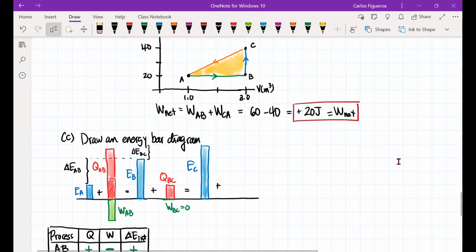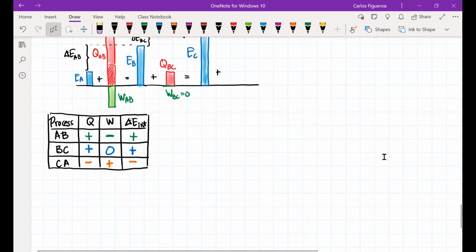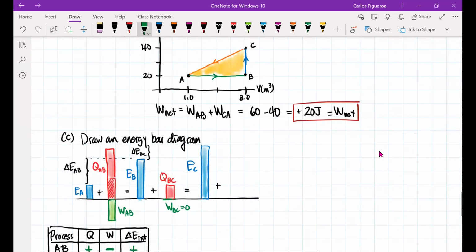So now what I'm going to do is that I'm going to increase my work now. My work now, according to my sign, you could see that it's positive. So here I go. I'm going to do this amount of positive work. So therefore, this is the work of CA.